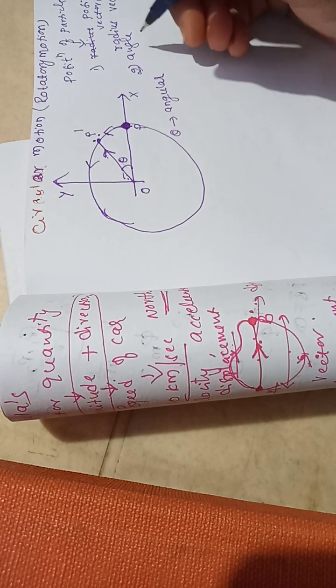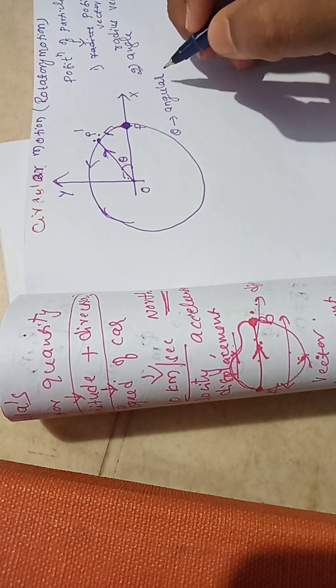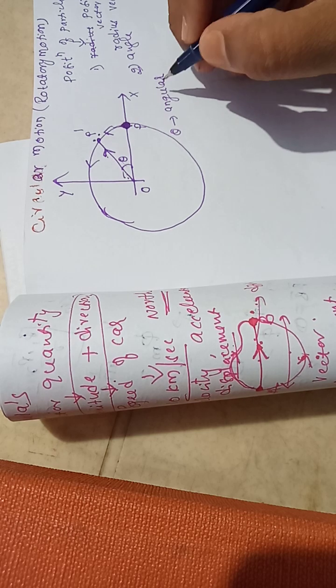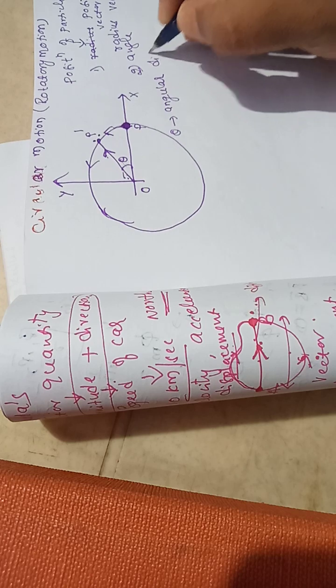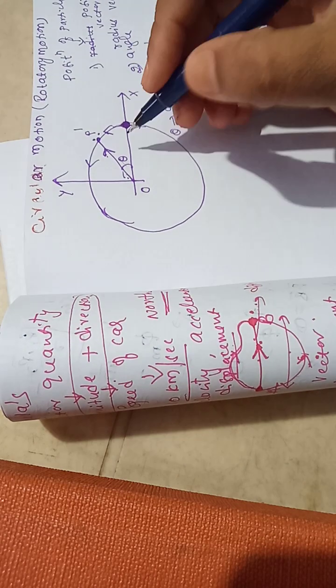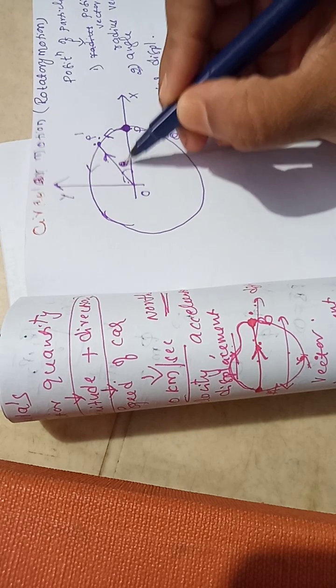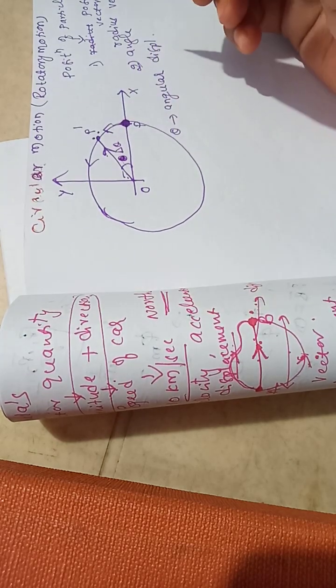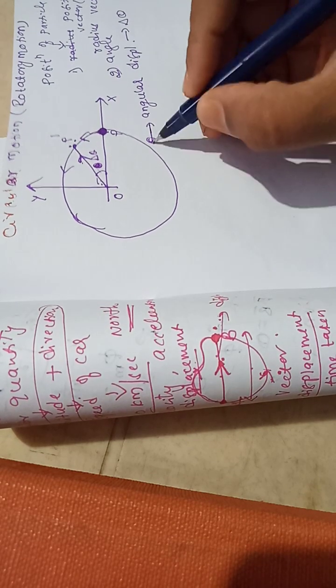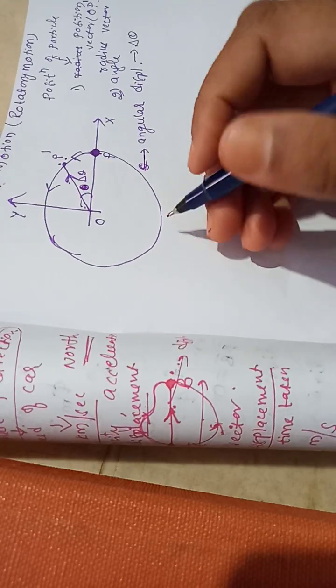It is making a certain angle and moving with respect to the origin. For infinitesimal changes, let us denote it with delta theta. Now delta theta becomes the angular displacement of the particle.